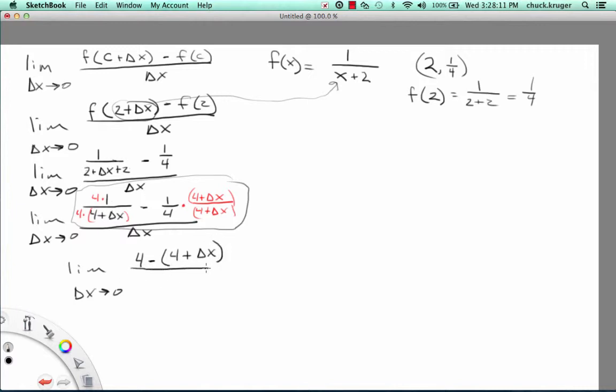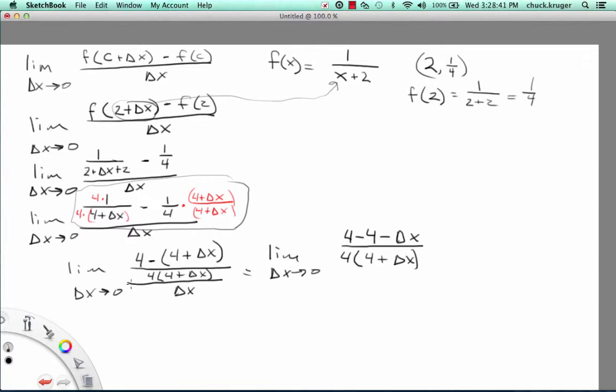And in my denominator here, I have 4 times 4 plus delta x, all over delta x. Well, that's going to be equal to the limit as delta x approaches 0. In this numerator, I'll have 4 minus 4 minus delta x, over 4 times 4 plus delta x.